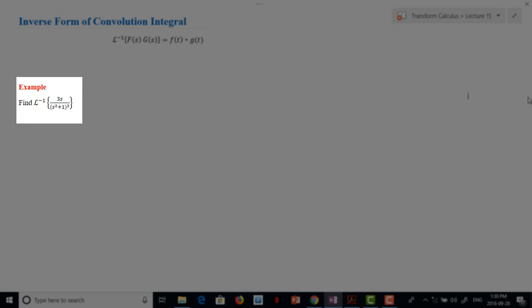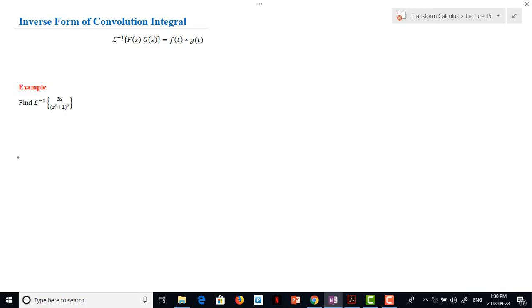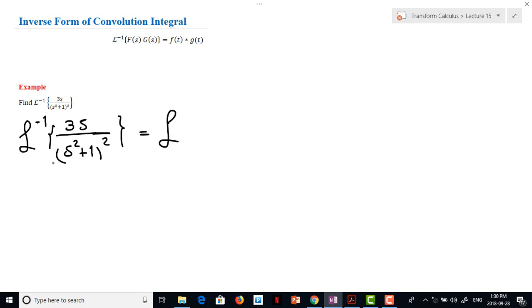Using the convolution integral, we want to find the Laplace inverse of 3s over (s squared plus 1) squared. First of all, you can easily find this Laplace inverse using partial fraction decomposition, but I want to use the inverse form of the convolution integral.